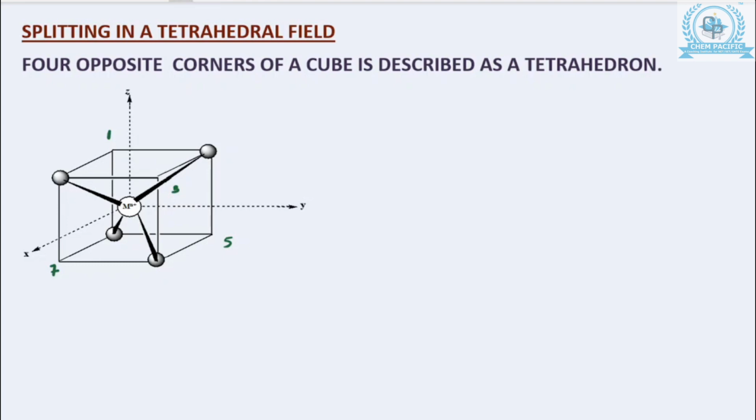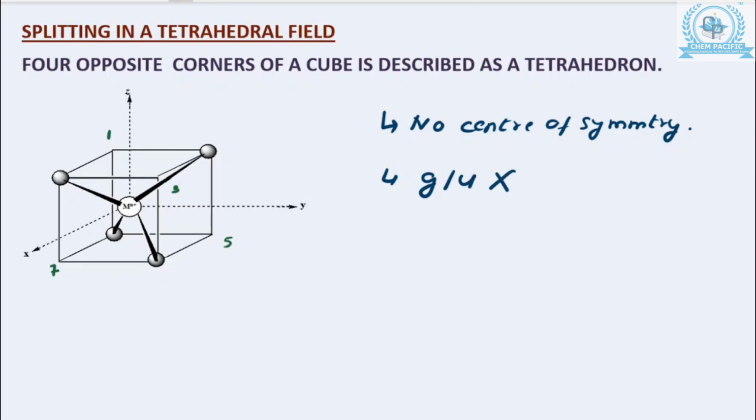Now in the tetrahedral field there are certain important points that have to be explained, and point number 1: a tetrahedral has no center of symmetry. It consists of no center of symmetry. Clear? That is why no gerade or ungerade subscripts are used in the case of tetrahedral complexes. At the same time, regarding the CFSE we were discussing, you will see that the value of delta T is very much less than the value of delta 0.